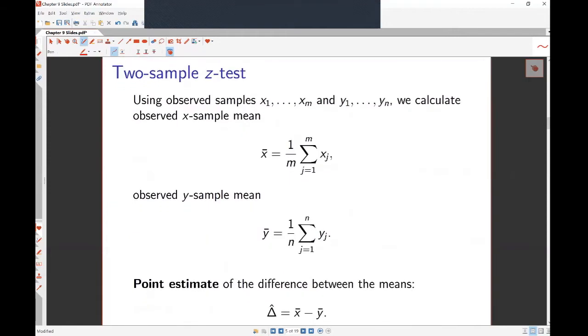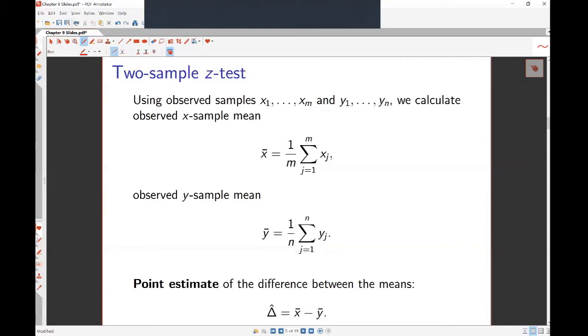So because we have two samples, we need to calculate some summary statistics from each of them. Now, at the moment, we're assuming that the variances are known, but of course, the population means are unknown. Those are the quantities we want to compare, so that's what we're developing a procedure for.